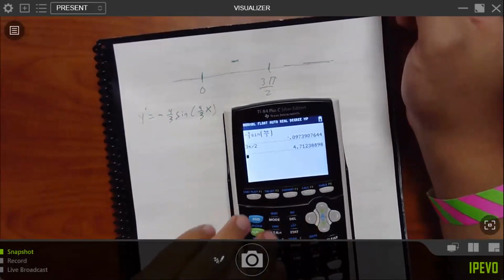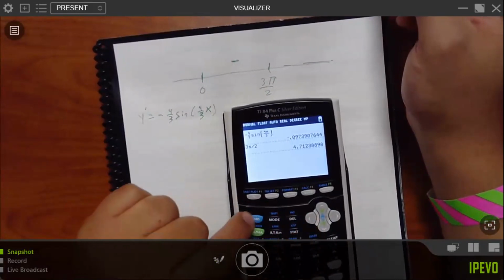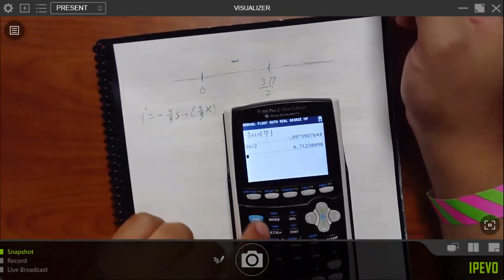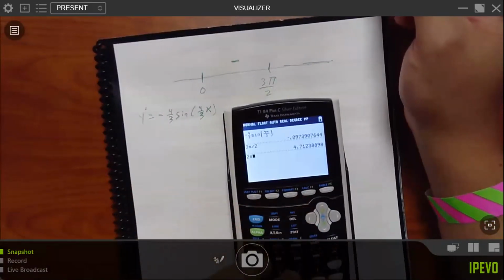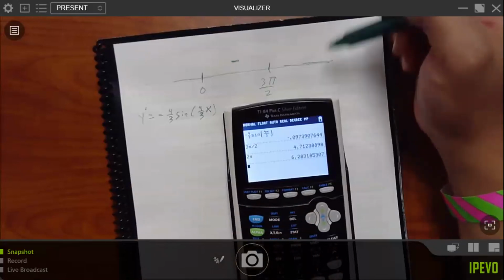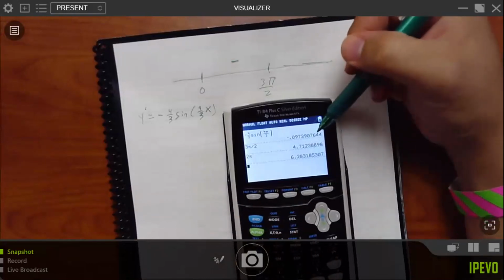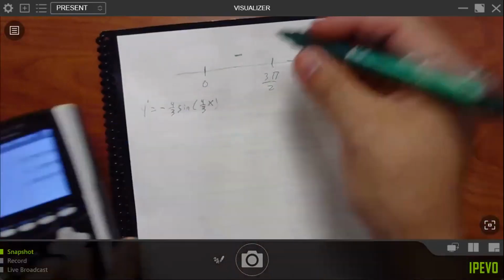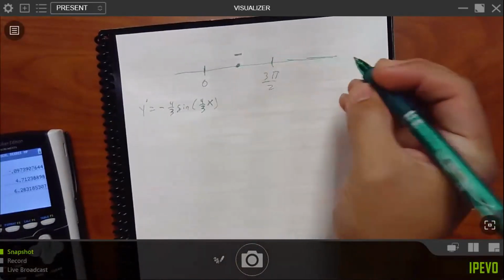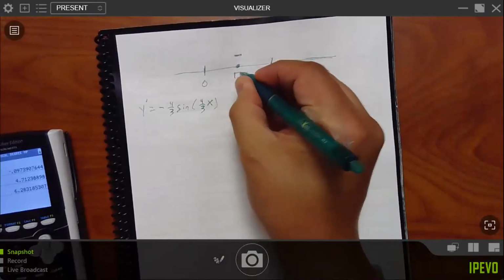Well, we can't go beyond 2 pi, right? Just one second, let me check something. 2 pi is 6.28. So I could just pick an easy number like 5, right? It doesn't have to be a fancy pi thing. Here it shows pi as my test point.